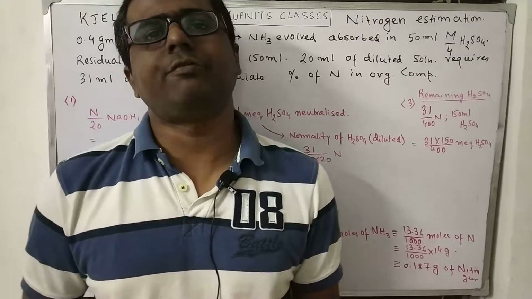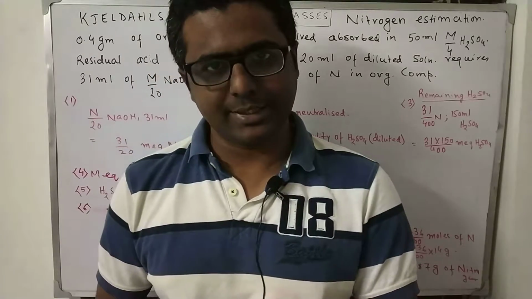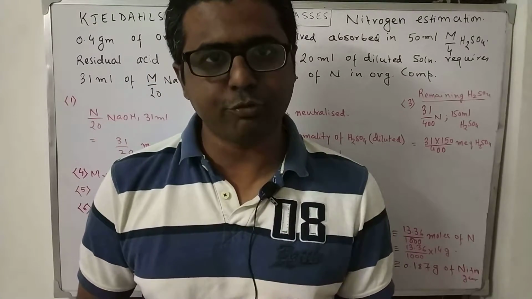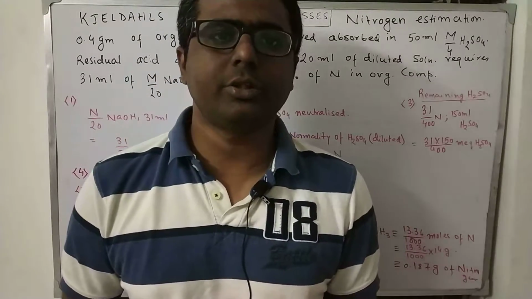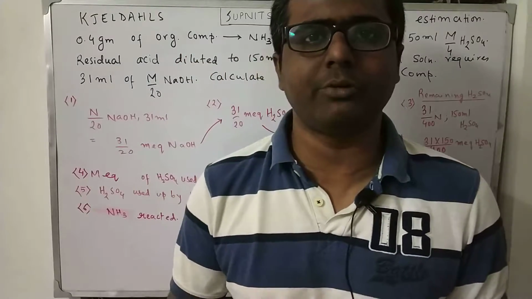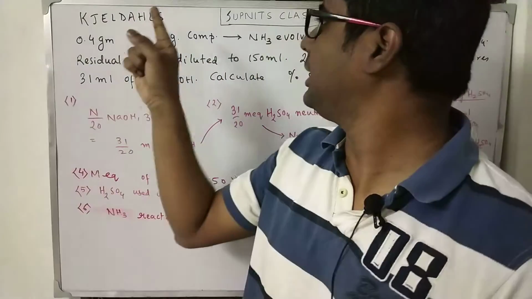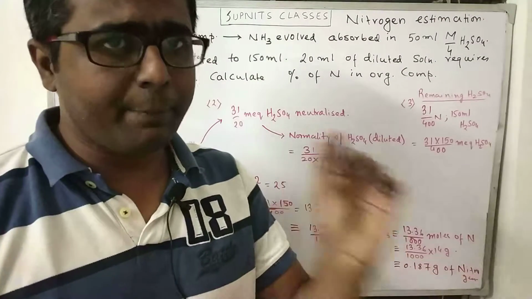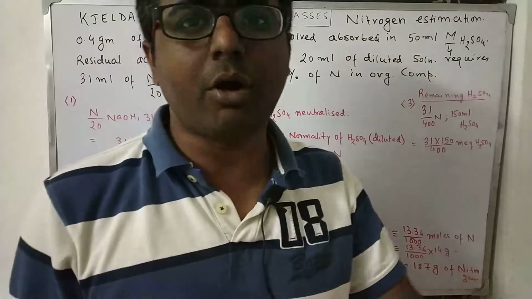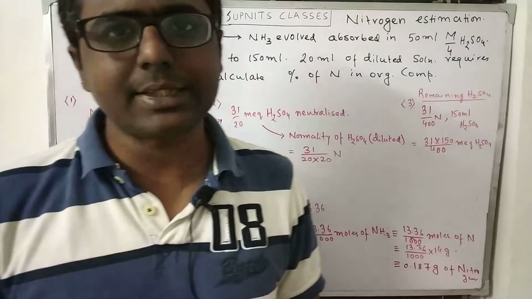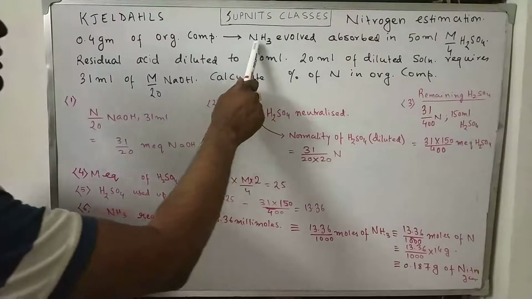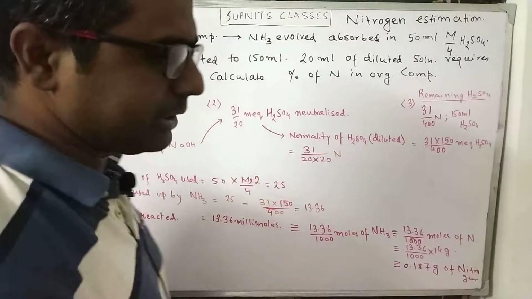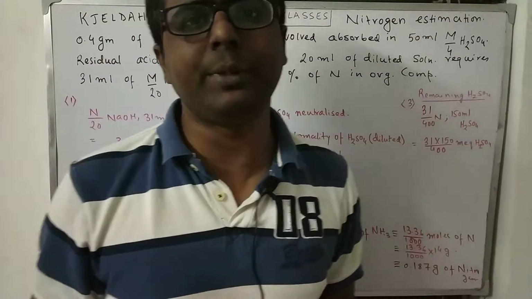Now in case of sulfur we have got something else, it was BaSO4, remember? Similarly in Kjeldahl's method, where we are basically estimating the nitrogen part, the compound that is going to get evolved is ammonia. In every problem of Kjeldahl's method the ammonia will be common.